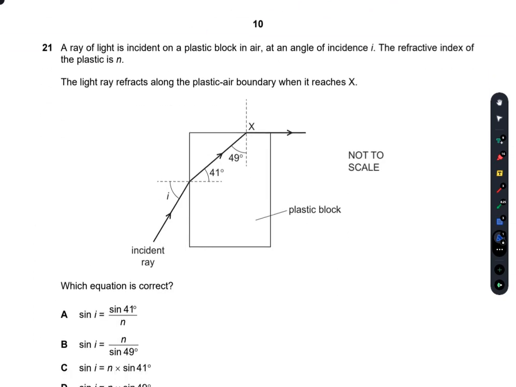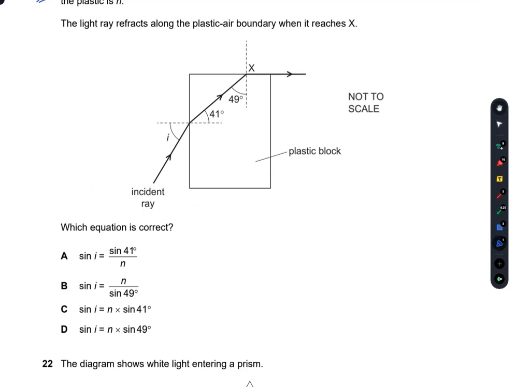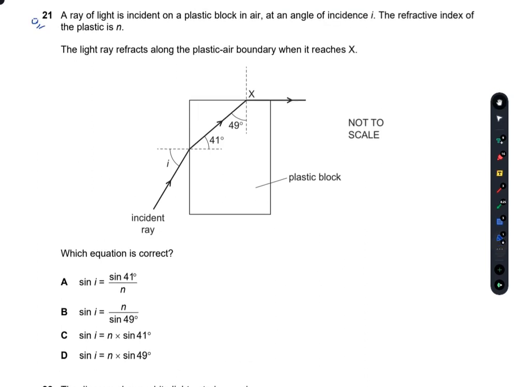Question number 21. And this is quite tricky, but not much difficult. A ray of light is incident on a plastic block in air at an angle of incidence I. The refractive index of the plastic is n. Now the light ray refracts along the plastic air boundary when it reaches X. So the light is totally internally reflected. So which equation is correct? So when is the light totally internally reflected?